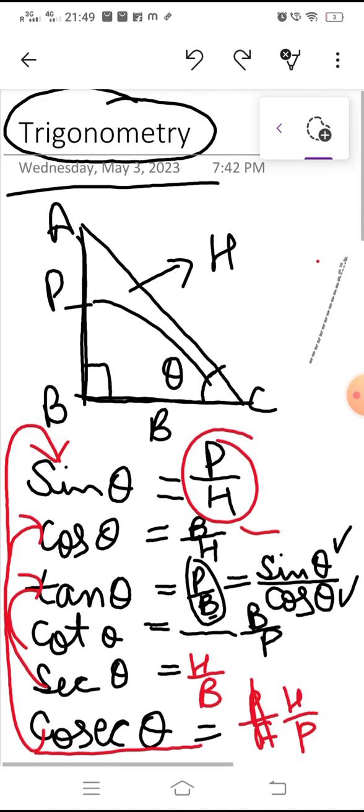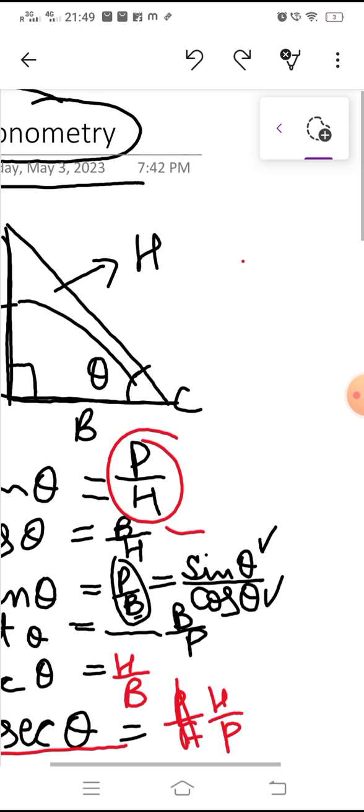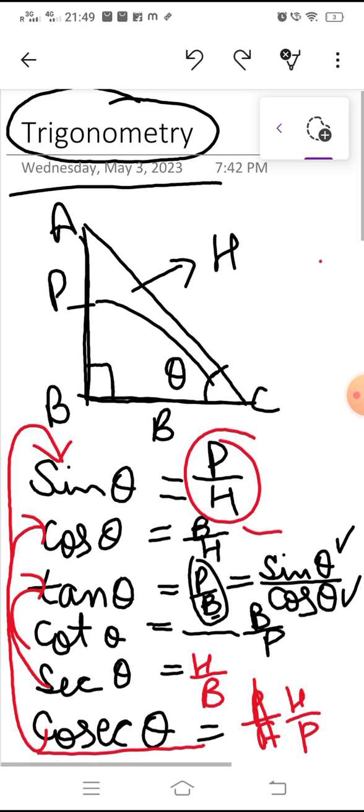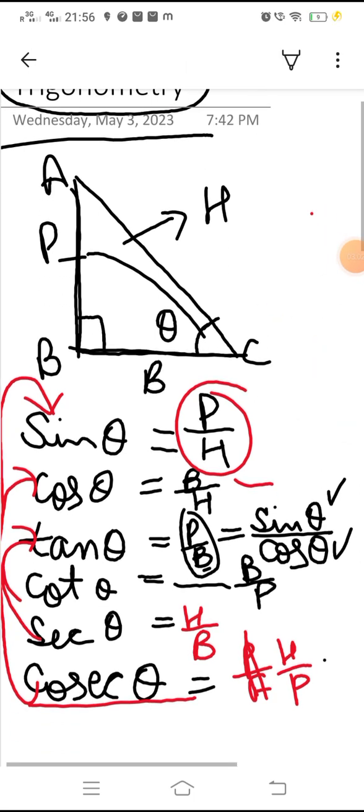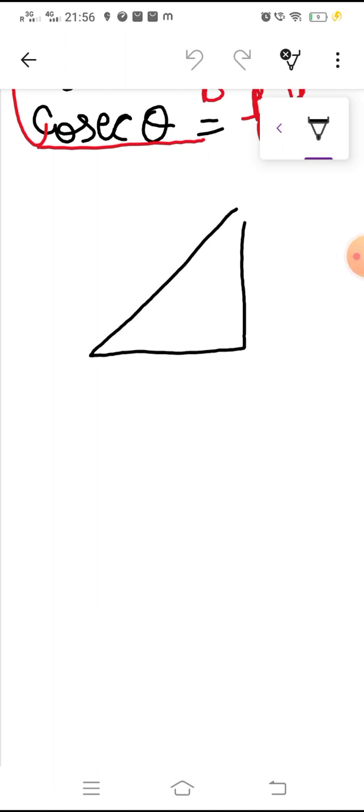Now, the next one: let's see how you will solve a question. Suppose it is given that there is a right angle triangle, right? The triangle will always be a right angle triangle, and suppose this is angle theta, or we can say this is A, B, and C, right?